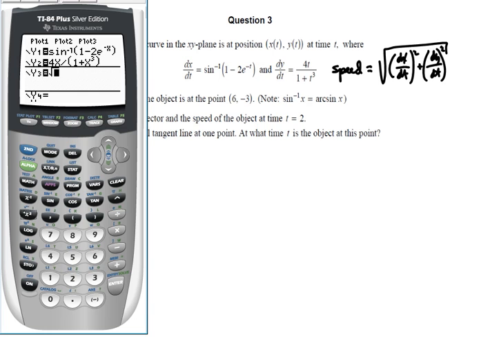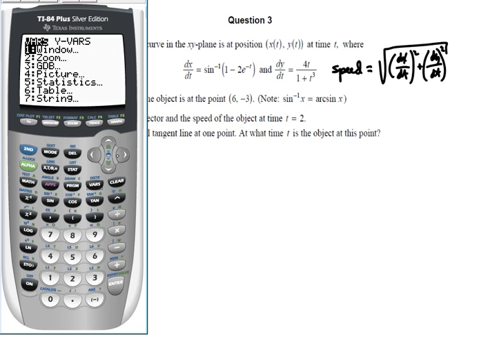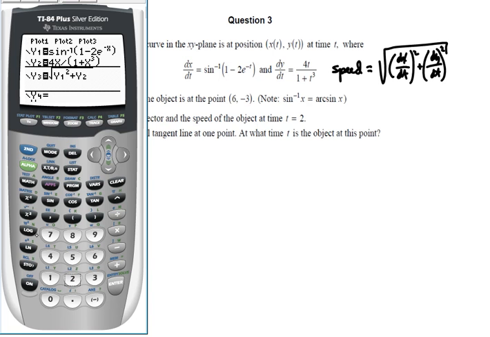So I'm going to second square root, vars, y vars, function y1, that's dx/dt squared, plus vars, y vars, function y2 quantity squared, and so that is my speed function there. So I'm going to go in and turn that off for the time being.